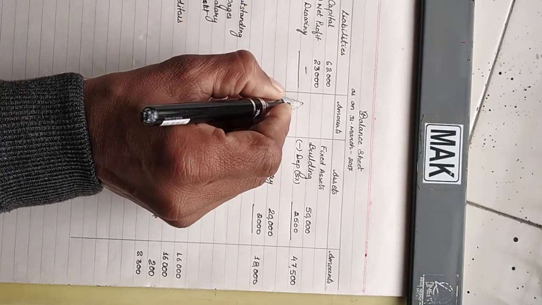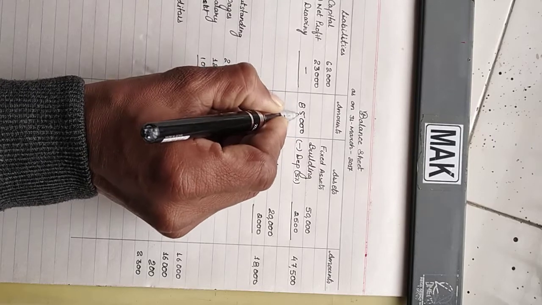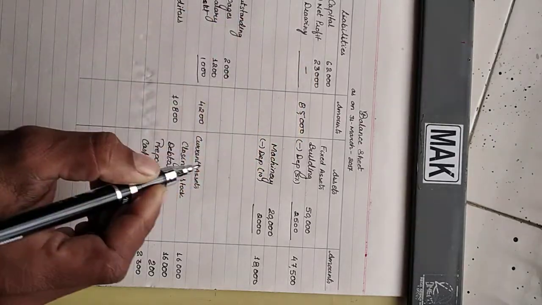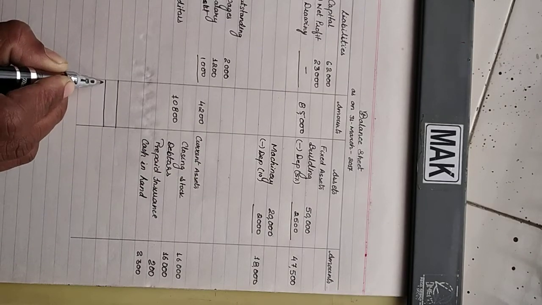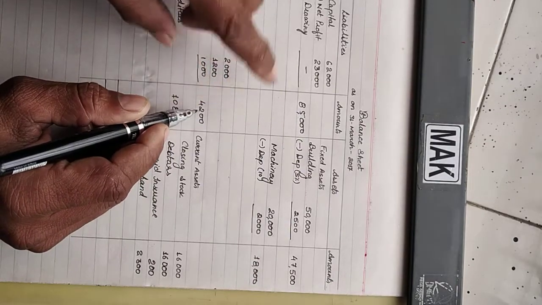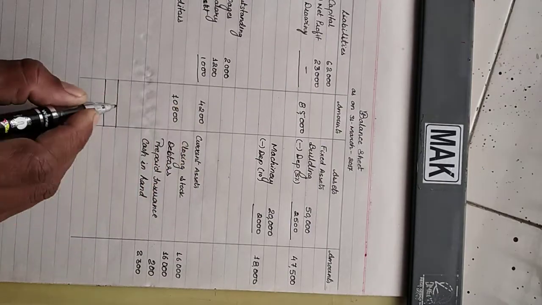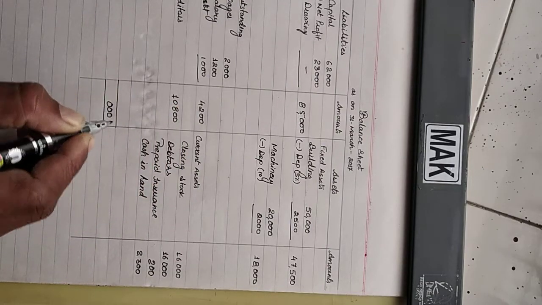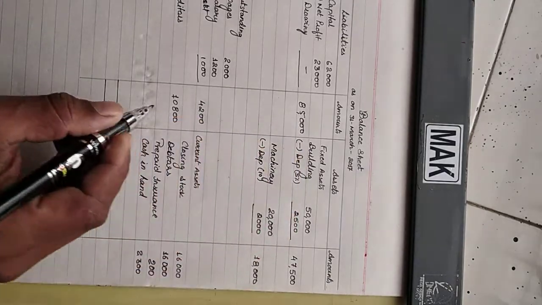Now we will add it. It will be of your 85,000, because 3, 4, 5, 6, 7, 8. The calculation total we will get here at the end of this. This will be of 85 and 4, 5, 8, 9, 10. So total of the balance sheet will be of 8, 9, 10, 0, 0, 0. 3 times we will get the zeros here. Now 4, 5, 9, 1, 0.